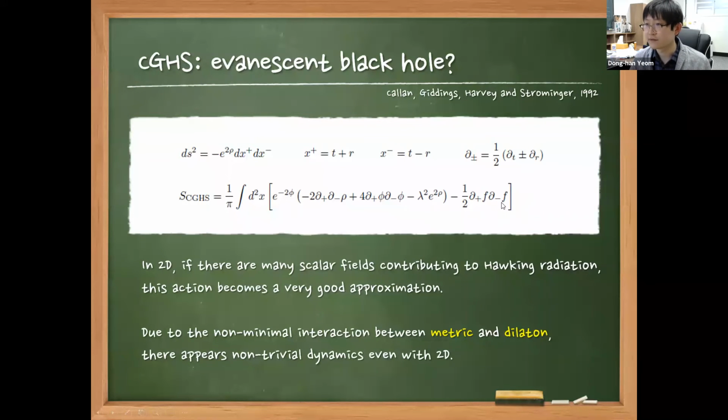This is the symmetry-reduced action of the CGHS model. In the two-dimensional case, if there are many scalar fields contributing to Hawking radiation, then this action becomes a very good approximation because this can suppress all the higher order string corrections.